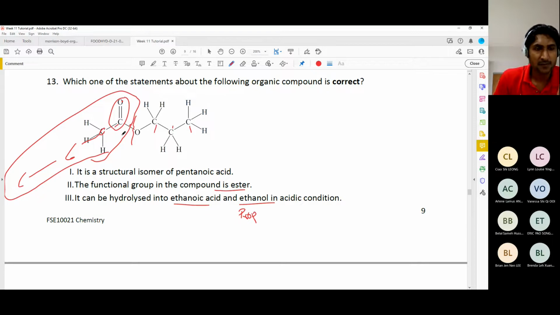This whole part is coming from COOH, the carboxylic acid group, and the rest is from the alcoholic part. So this is how we should be able to differentiate.